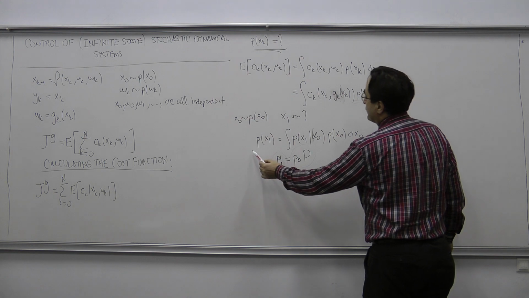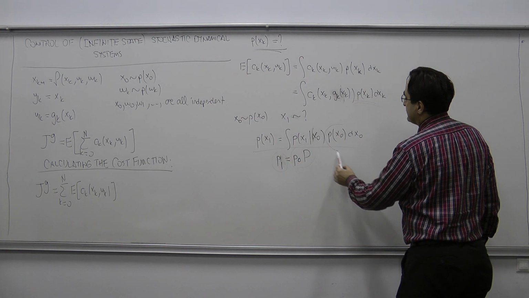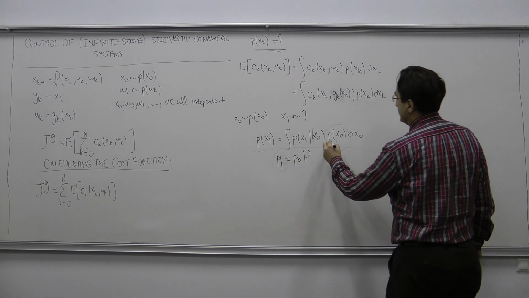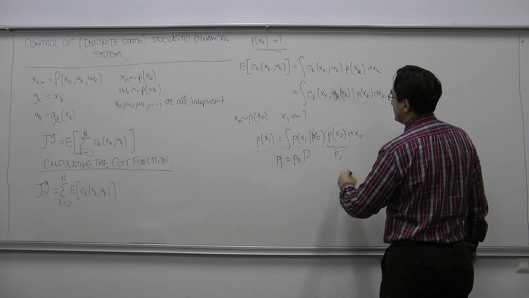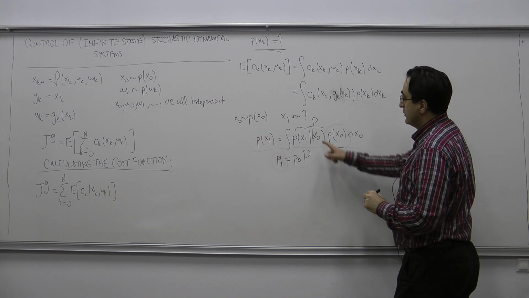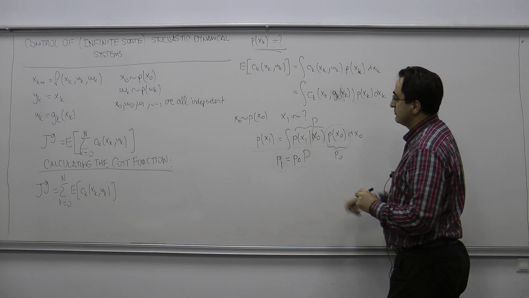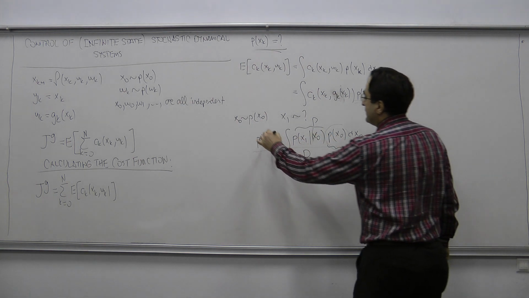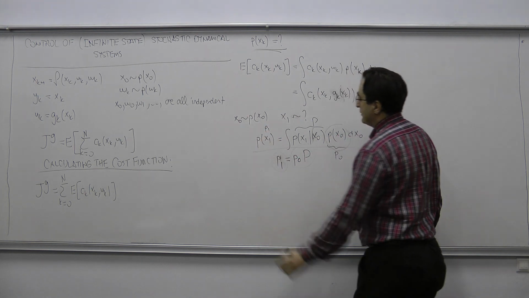So in the case of continuous state, this is the earlier distribution. This behaves like P0, and this thing behaves like the transition probability matrix, which is the one-step transition PDF here, okay? And this is my P1.